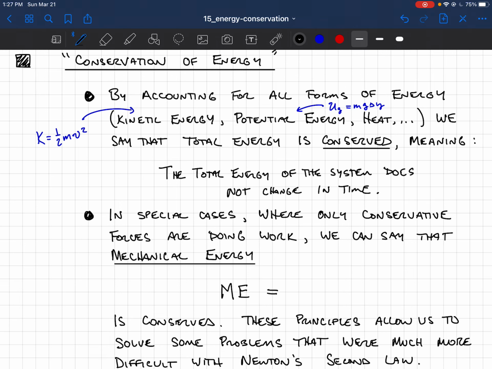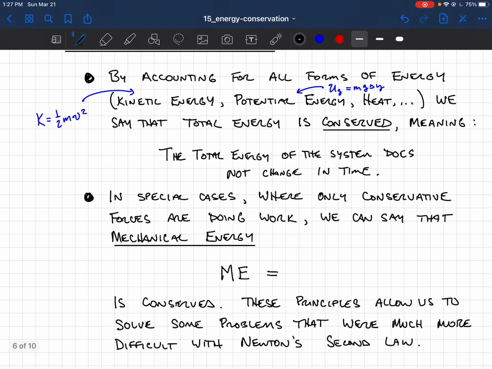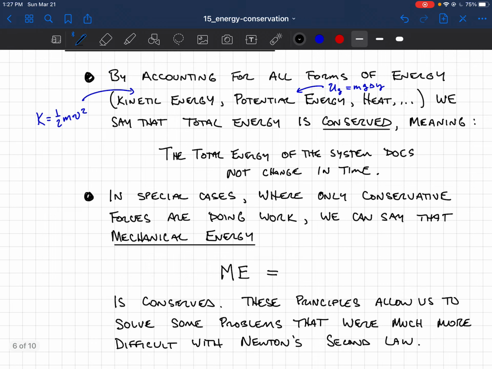Now we're going to deal with a more special case, which is when there are only conservative forces doing work. So if there's only, for example, gravity and a normal force, then the normal force is non-conservative, but the work done is 0. And gravity is a conservative force, so the only thing that does work is gravity. Then we can say that the mechanical energy is conserved.